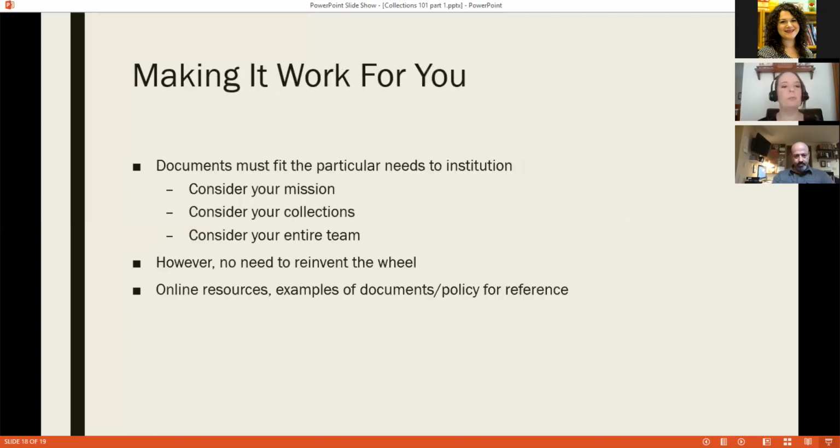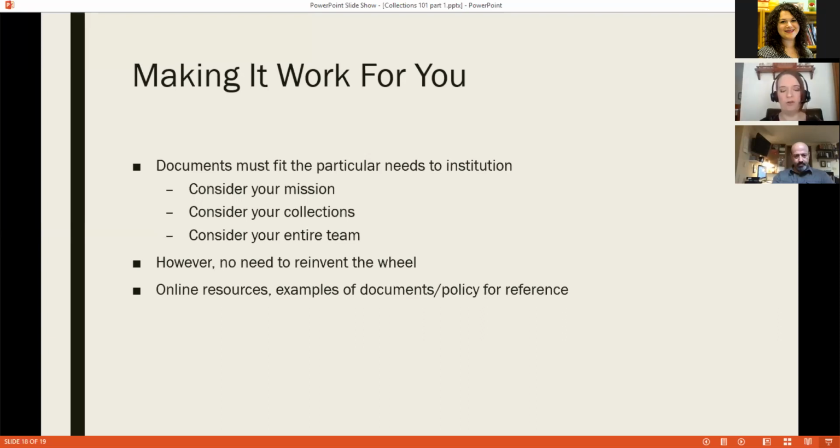So one of the most important parts of all of this is to make it work for you. Your documents need to fit the particular needs of your institution. Like I said before, it's one thing to look at best practices and know what the highest standard is, but it's another thing to admit and consider that this thing that this very large, very well endowed institution has and is great isn't going to work for me.